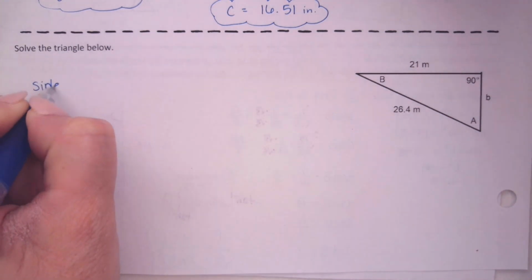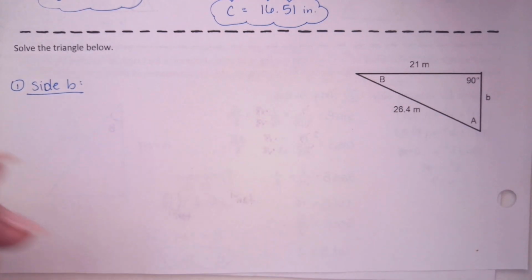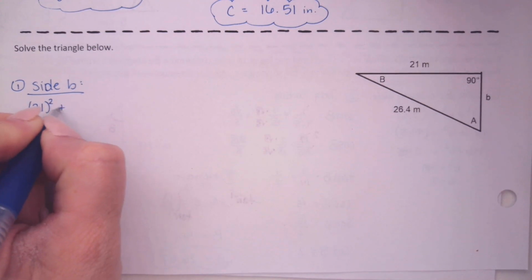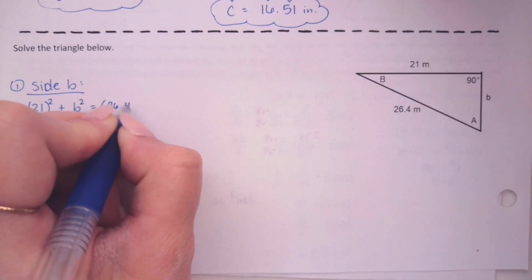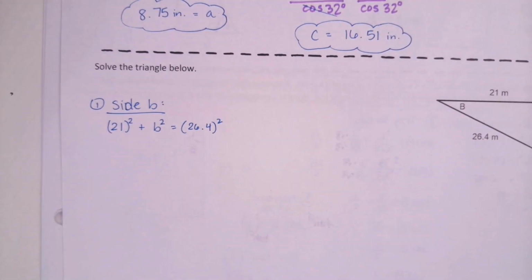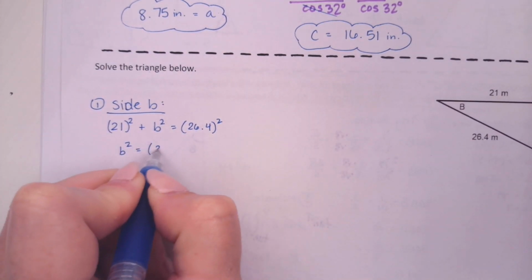Let's see, side b. a squared plus b squared, so that would be 21 squared plus b squared equals 26.4 squared. Let me slow down for you.